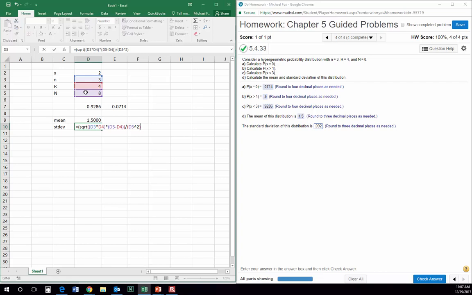And we want this to be the square root of the whole thing. That's probably where I messed it up before.